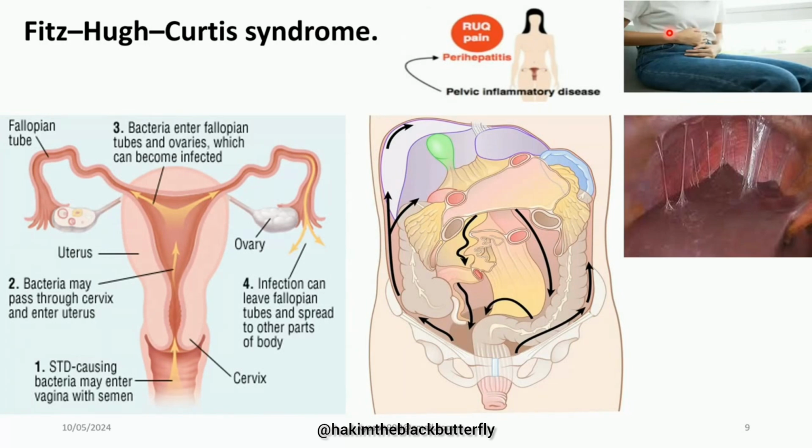In most cases they do spread to the liver because this path allows the fluid to extend to the liver easily when the patient is in a supine position.